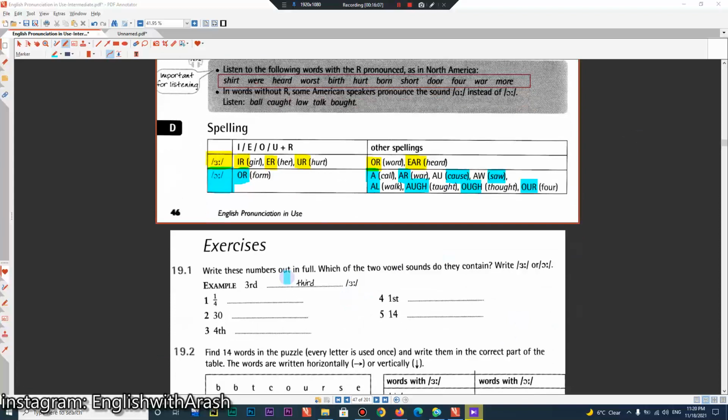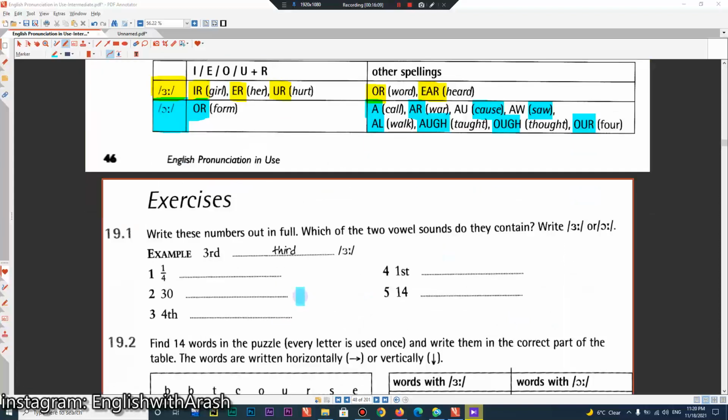Here you should tell me which of these sounds I should write. So I have two options. The first option is this sound. The second option is this sound.